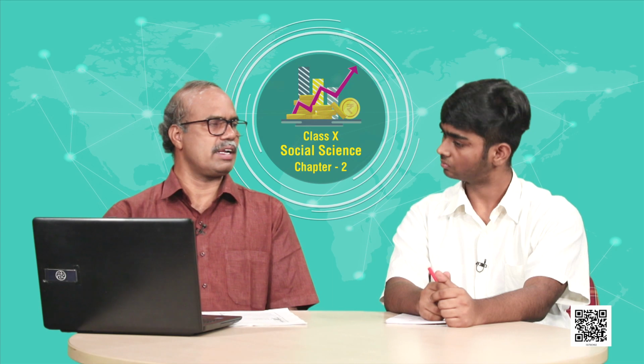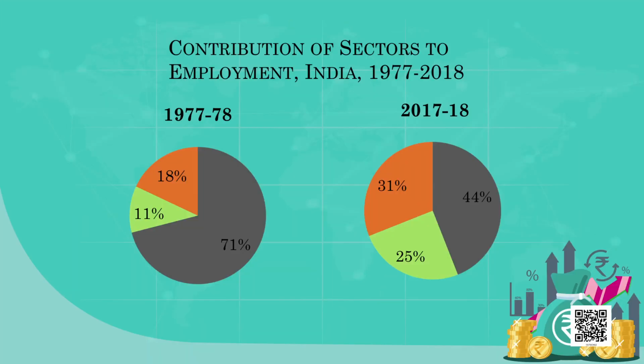They all come under the secondary sector. So their share has increased by 14%. Both the service sector and the secondary sector have increased their share to a more or less similar level, whereas in agriculture, it has come down from 71% to 44%.